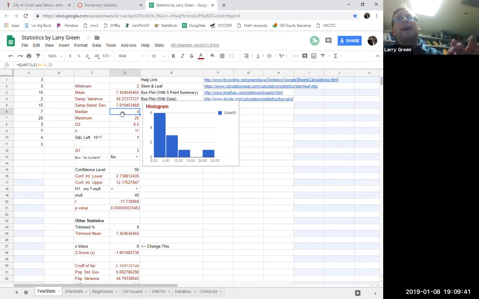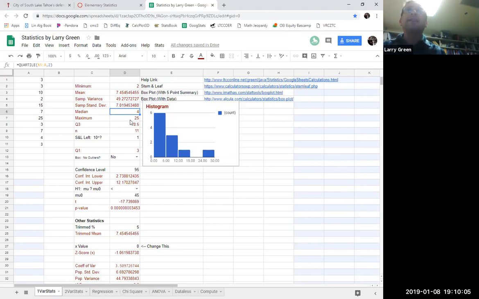Okay? It's a little more complicated than that with Prop 13, but let's pretend there's no Prop 13. So the mean is going to tell you more how much tax revenue is coming in. So again, it depends on what you're interested in, whether you want mean or median. We're going to spend more time on the mean in this class than the median.